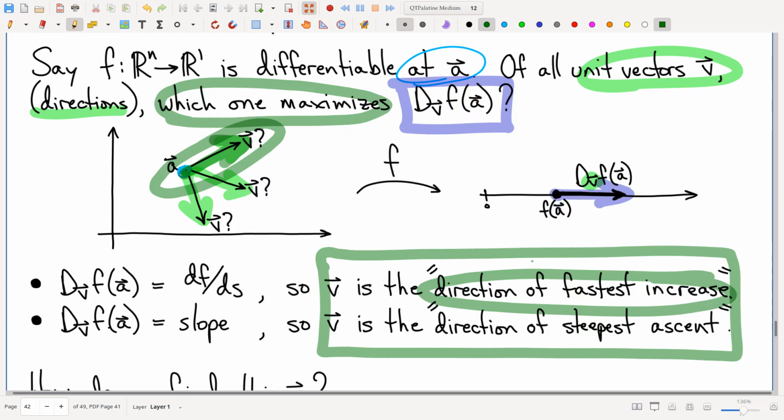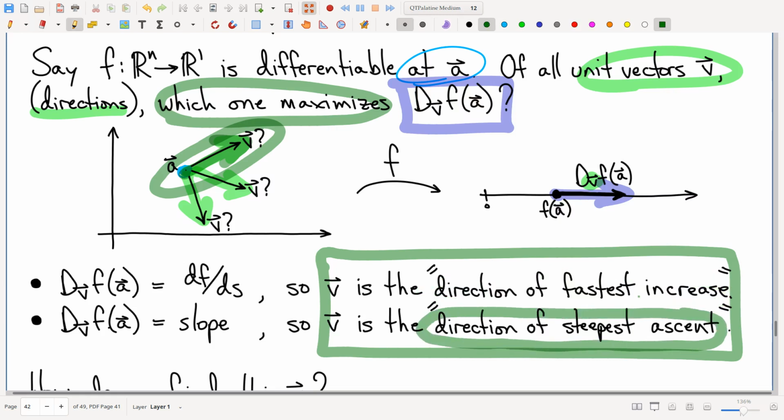All right, here's a different point of view. A lot of people like to call this direction of steepest ascent. Let me explain why. If the function that you're trying to make increase as fast as possible represents height, in other words, if you're looking at a graph of f, typically the value of the function is height, right?